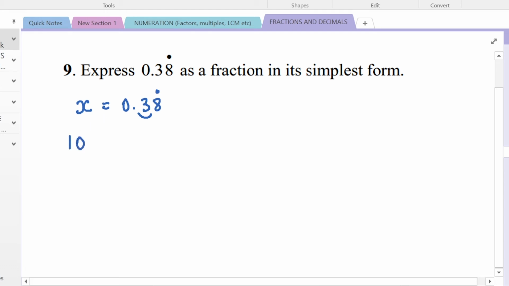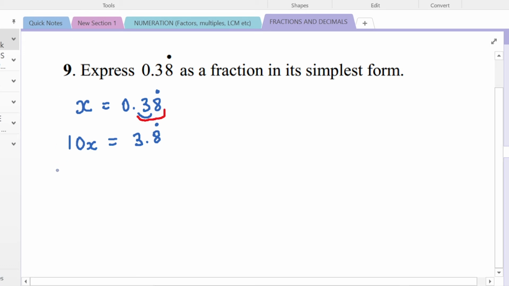So by multiplying by 10, 10x is going to be equal to 3.8, with 8 recurring. Then again, we are going to apply another multiplication to get both the non-recurring part plus the recurring number to one side. So that means you're going to multiply by 100.